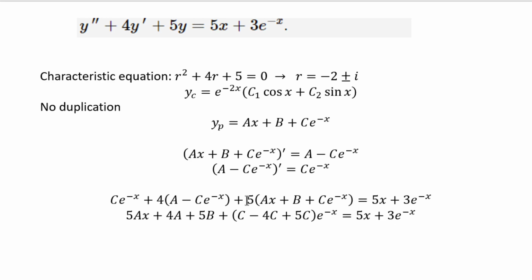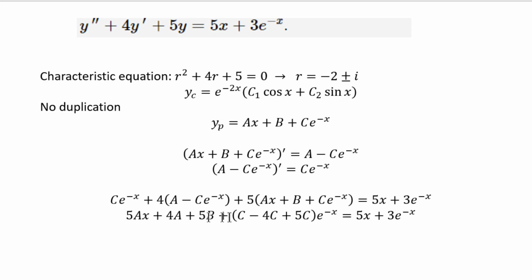So I see that the only x term is right here, so I write 5ax right here. And then 4a plus 5b, these are the constant terms, so I write it here. And then you also have c, negative 4c, and plus 5c times e to the negative x. So I write it like this.